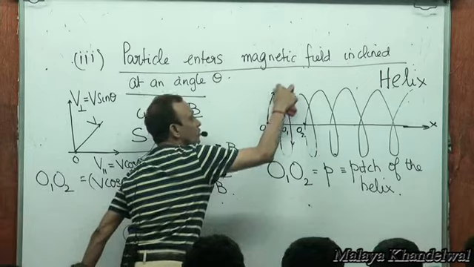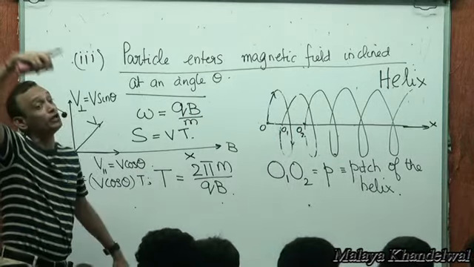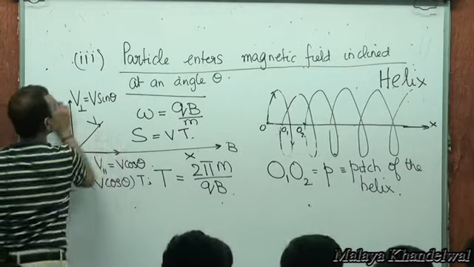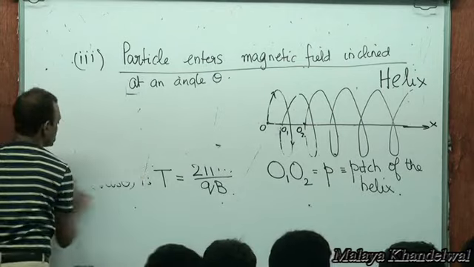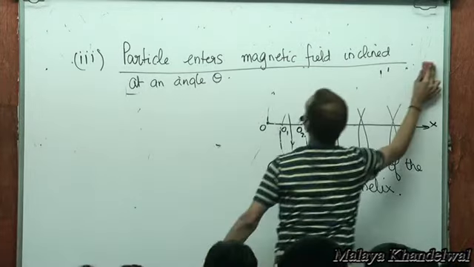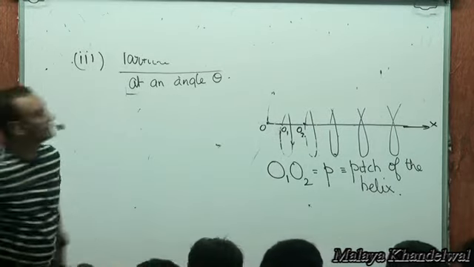This S is the actual distance, the actual length of the helix from O to O1, right? So this is what transpires if a particle enters the region of a magnetic field at an angle theta, right?